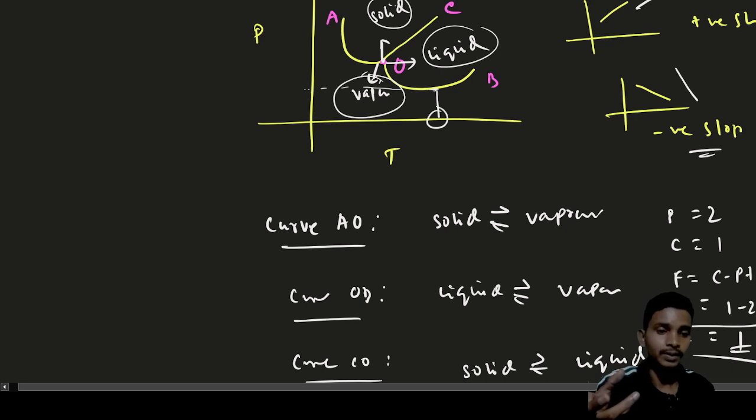If the point is present in an area, then we need 2 variables, one for temperature and the other for pressure. And if the point is at the triple point, then we do not need any variable, because it is a fixed value.